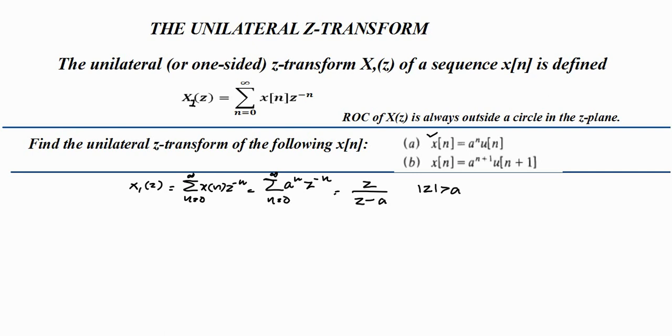It will be the same because the given signal is a causal signal. If the given signal is causal, its bilateral Z transform and unilateral Z transform are the same, so there is no such difference. So this is the ROC and this is the transform z by z minus a.